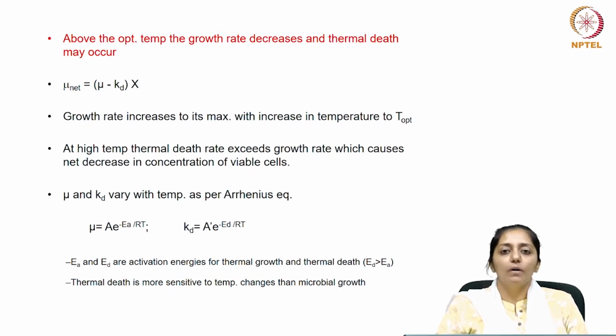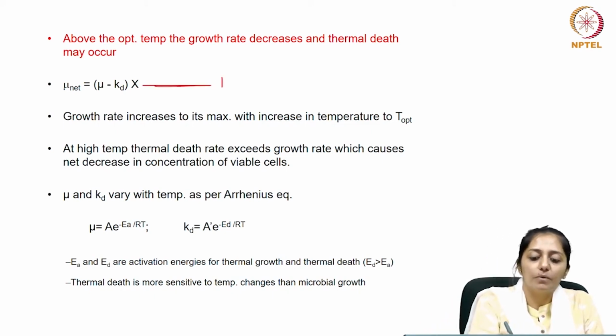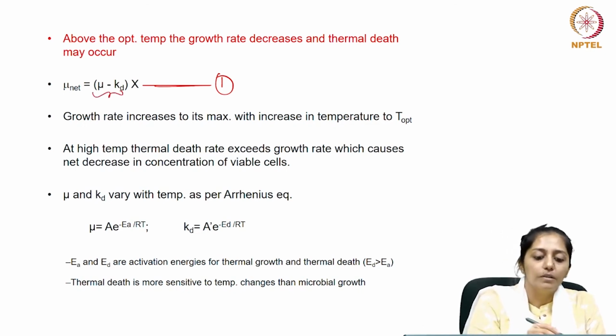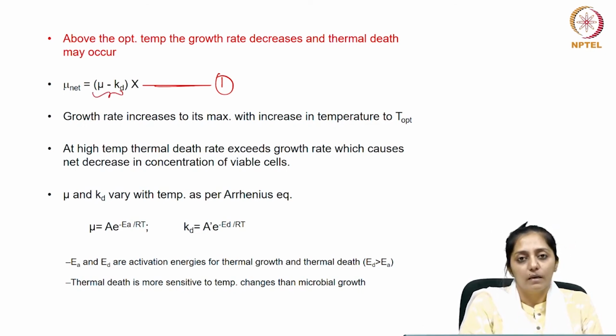So to take into account the thermal death rate as the temperature is high, the apparent growth rate will have to be a combination of the actual growth rate with the simultaneous death rate. So here, if you observe equation 1, it is taking into account the growth rate and the reduction due to the death rate.